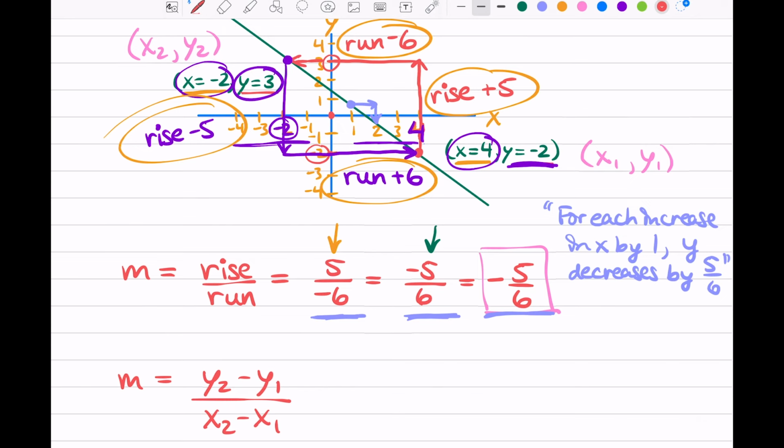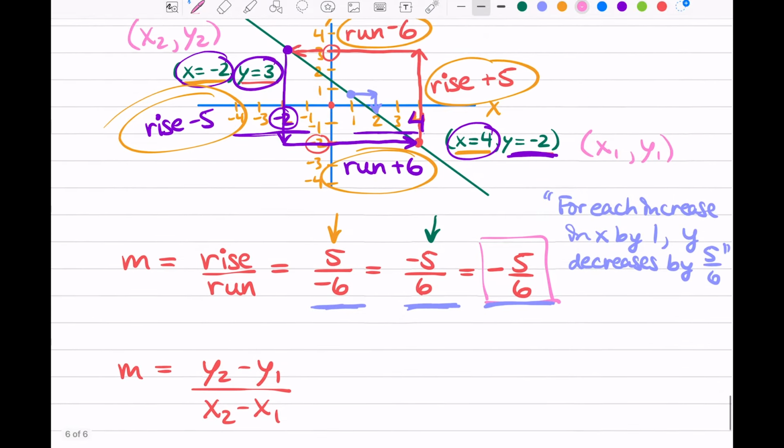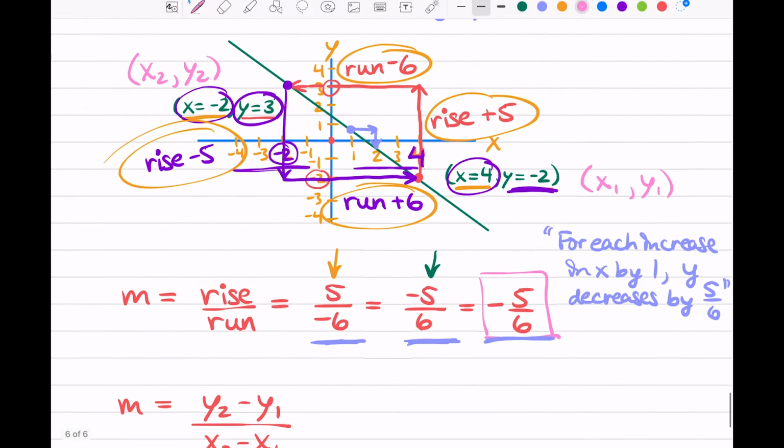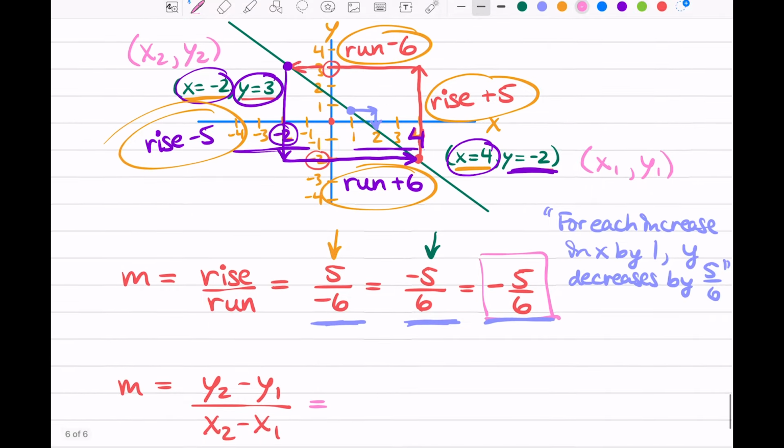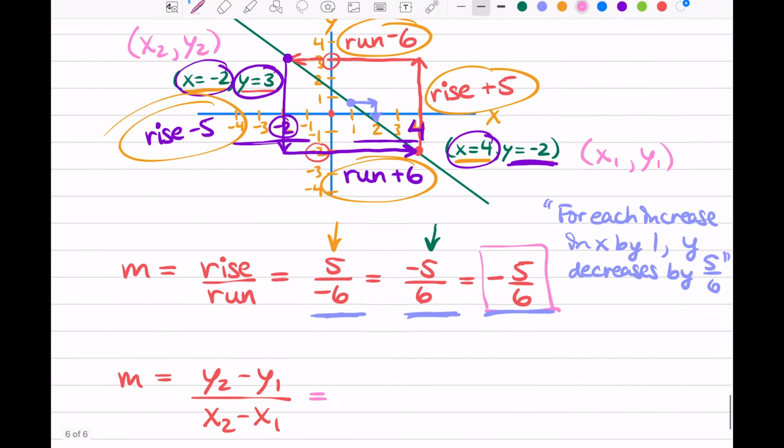And you can think of it like this. If you didn't have a graph that you could visually rise and run, you could just look at our 2 points and see it like this. So we have, what is our y2? Our y2 would be this guy right here.